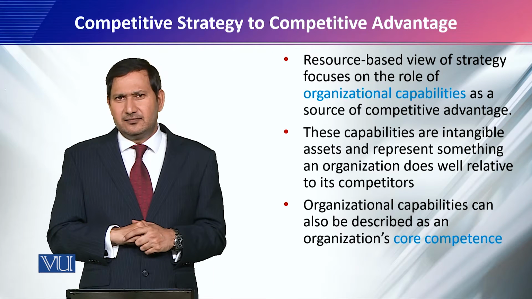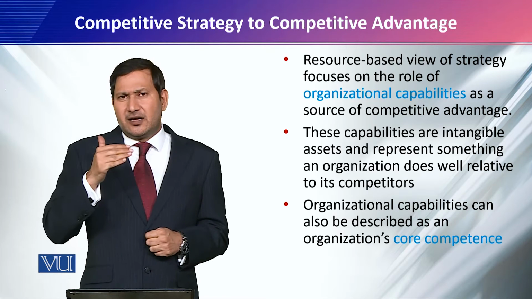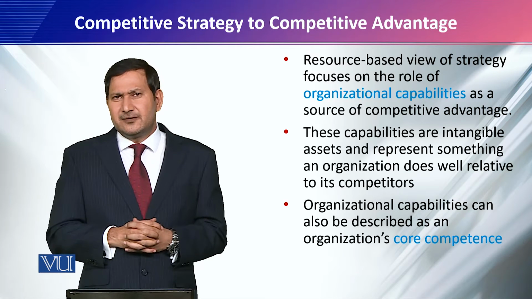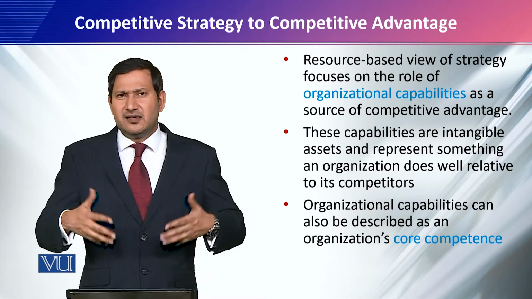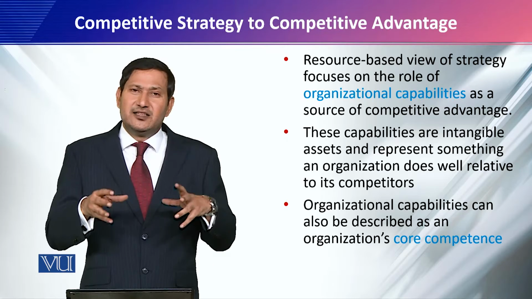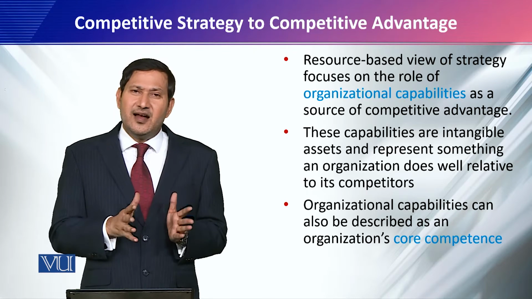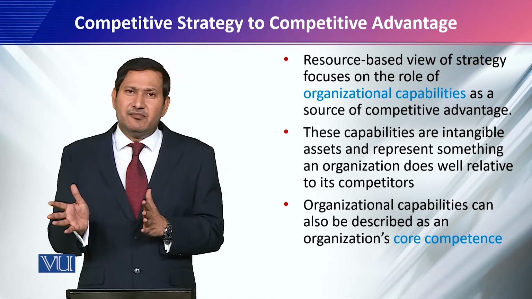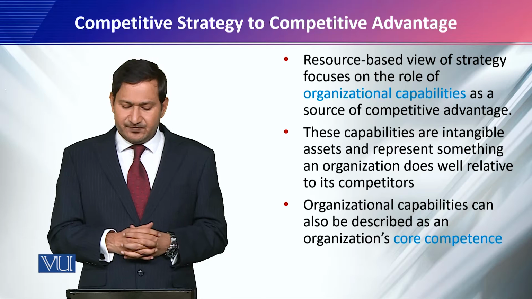Can you learn them? Perhaps it's very difficult. Can you copy these things? Imitate? Very hard, because these are the competencies of the people they bring with them when they join an organization, and they take them when they leave the organization.